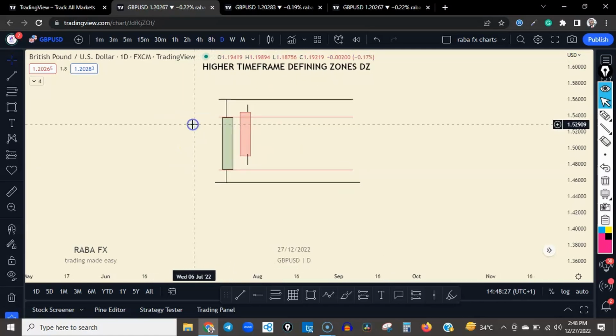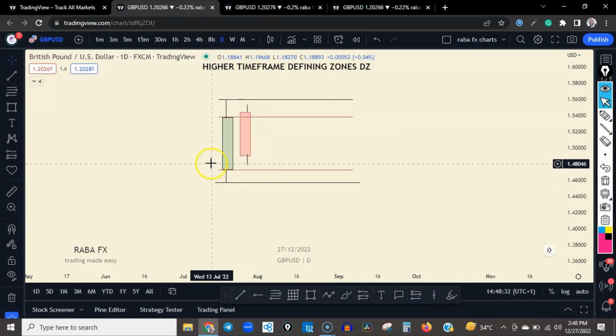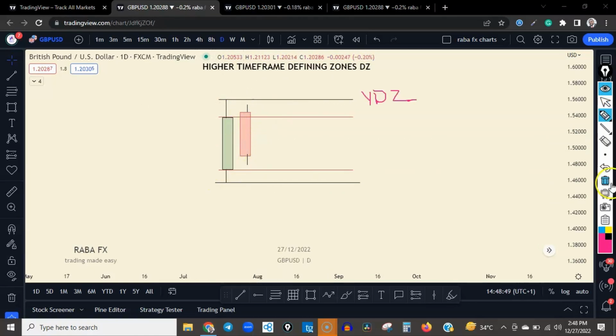So to start, you need January and February candles to print. You are going to mark out the highest level or the week between January and February. In this case, January. So you call it YDZ, yearly defining zones.